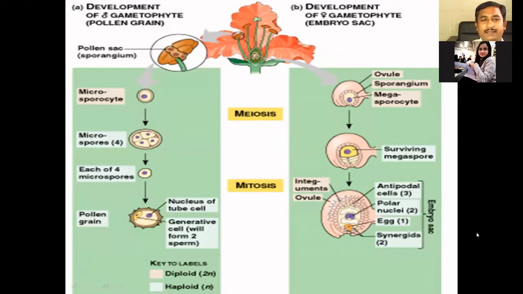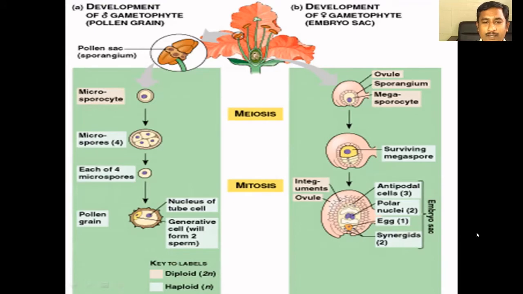In this there is a sporocyte, and meiosis occurs there. It's a reduction division, and 2n becomes n, and they are called microspores. They are 4 in number, and each of the microspores becomes a pollen grain. And in the pollen grain there is a nucleus.